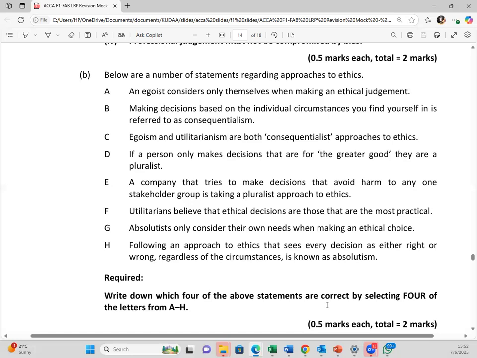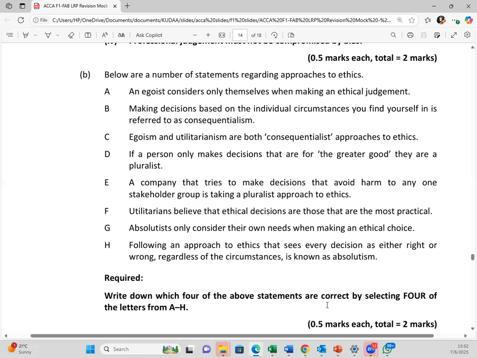In this case, we are not talking about the outcome, but we are making decisions based on the circumstances you are found in. That is different from the consequentialist approach, which looks at the outcome of the decision, whether it is a benefit to one person or to other people.